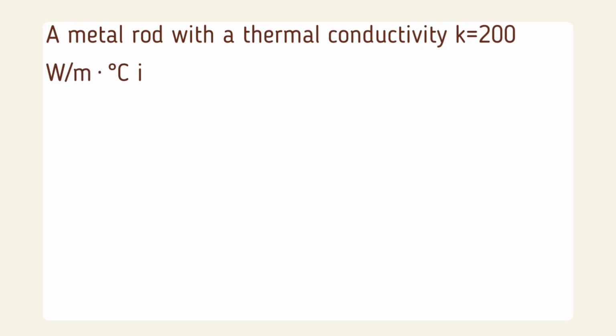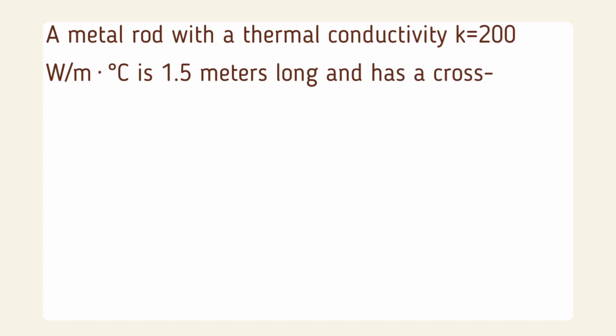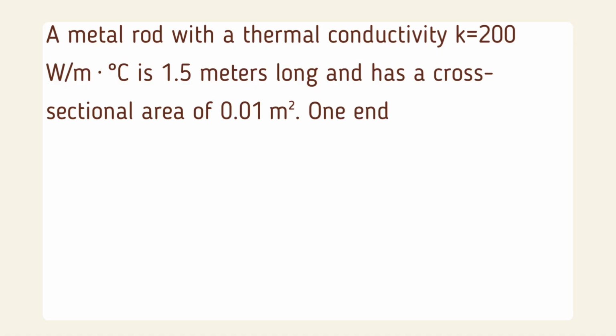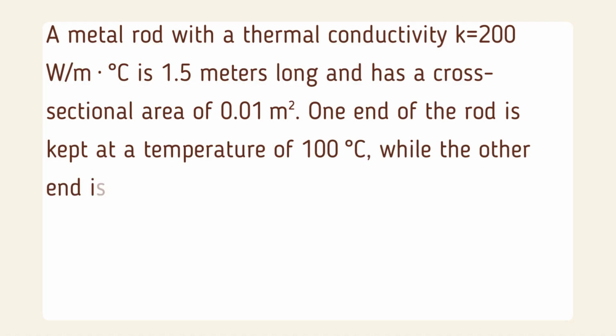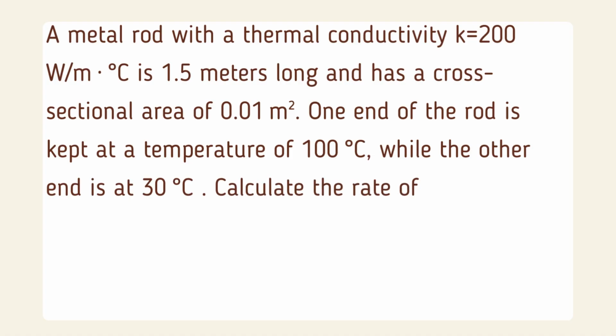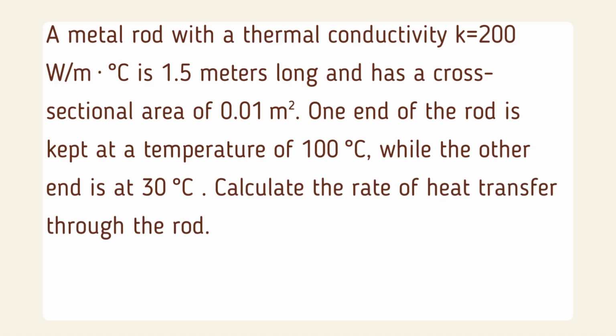A metal rod with a thermal conductivity K equal to 200 watts per meter degrees Celsius is 1.5 meters long and has a cross-sectional area of 0.01 square meters. One end of the rod is kept at a temperature of 100 degrees Celsius while the other end is at 30 degrees Celsius. Calculate the rate of heat transfer through the rod.